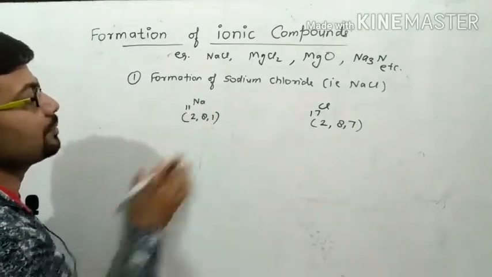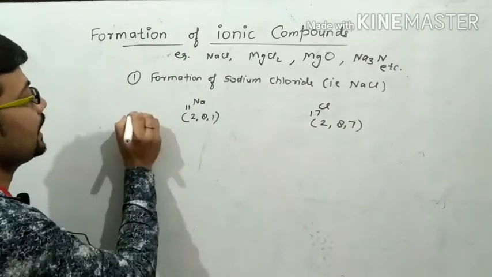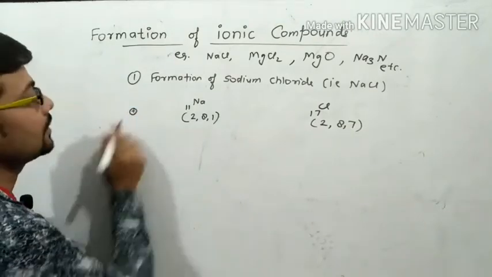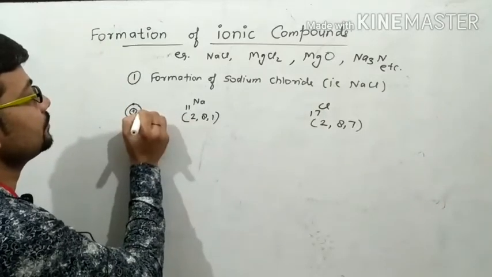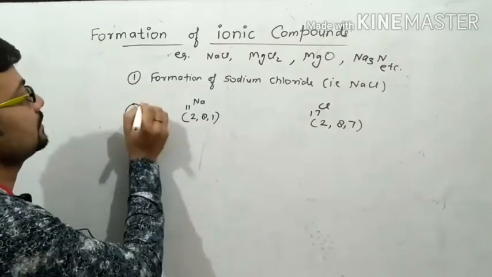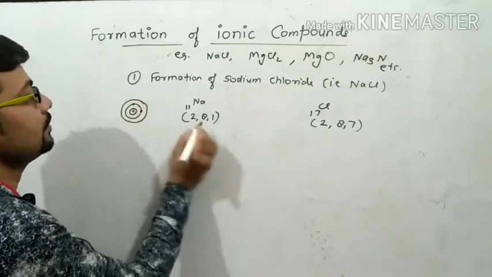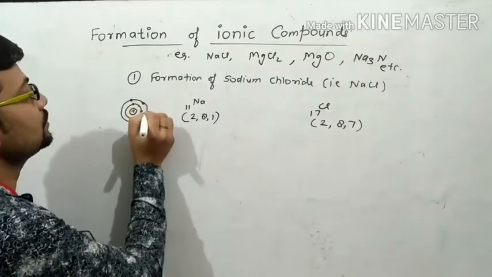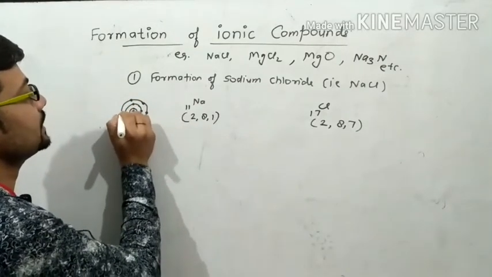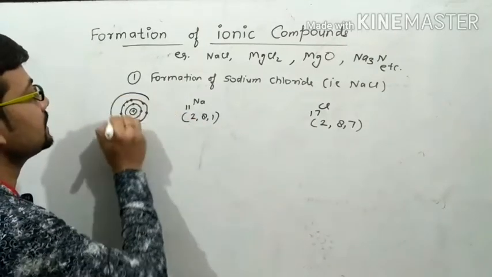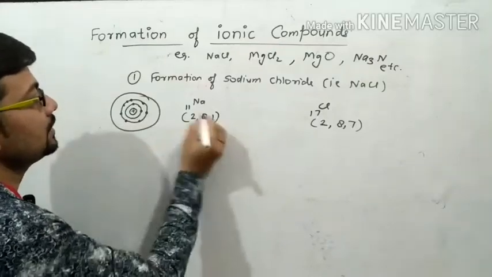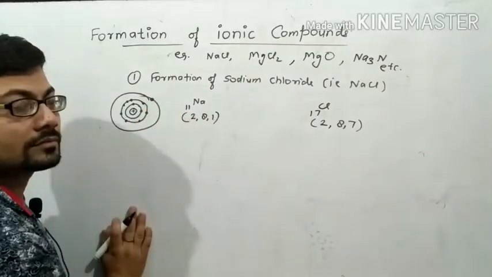If you want to see how the electrons are present in different shells, as you know, this is the nucleus. This is the first shell in which 2 electrons are present, represented by dots. The second shell has 8 electrons, 1, 2, 3, 4, 5, 6, 7, 8. And in the third shell, that is the outermost shell, there is 1 electron.